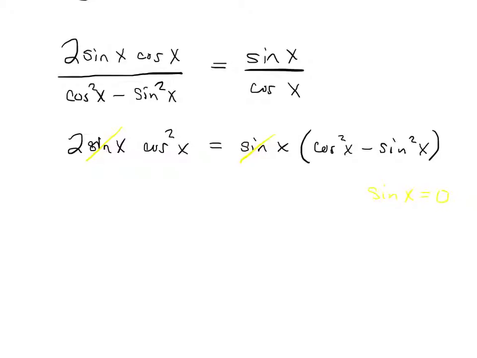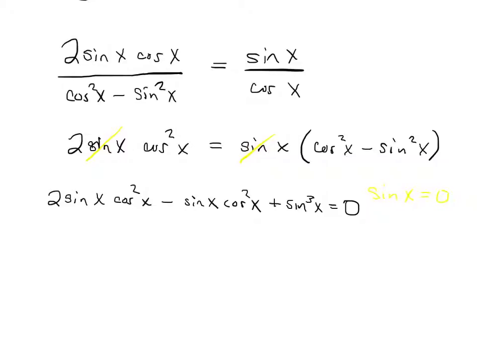I'm going to instead do this. 2 sine x cosine squared x minus sine x cosine squared x plus sine cubed x equals 0.